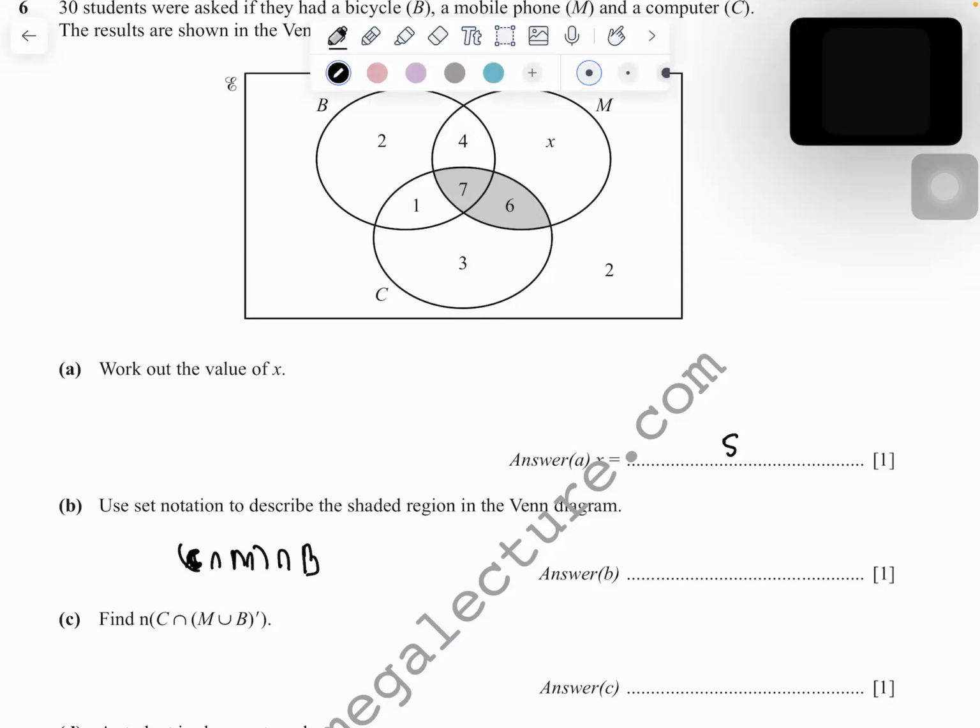You said C intersection M, which is this part. Yes. Wait, no, this is incorrect. This is not going to be intersection, but it's not going to be union either, because if it's union, it's going to be something else. Let me see what it is going to be. Let me think.